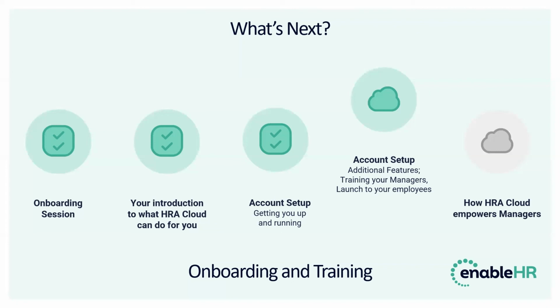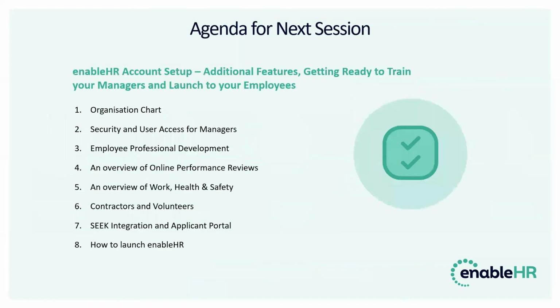The final session that you can attend will take you through all of the elements of how to use enableHR on an ongoing basis. In the next setup session, we'll cover the organization chart and how you can set that up, security and user access for managers so that you can start adding them into your account, employee professional development on an employee record, an overview of the online performance review module, an overview of the work health and safety module.